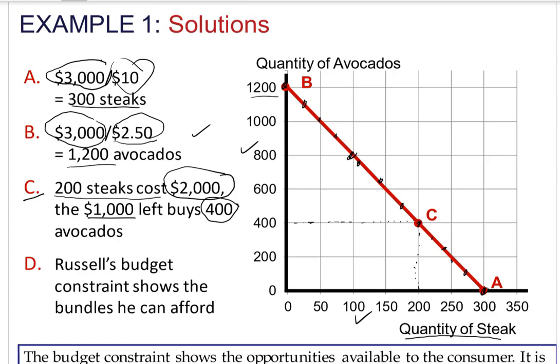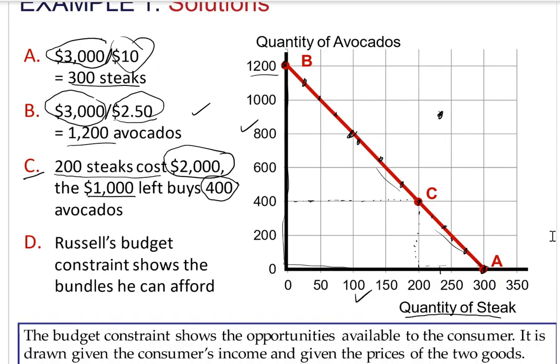Along this line, he can buy any combination, and he cannot, however, buy a point here because that's going to cost him more than $3,000. So with his $3,000, he can afford, by spending all of the money, any point along this line, or anything inside this triangle. This whole triangle gives him a feasible set.